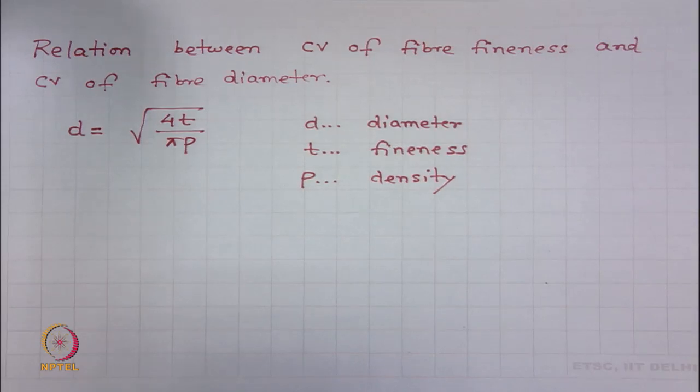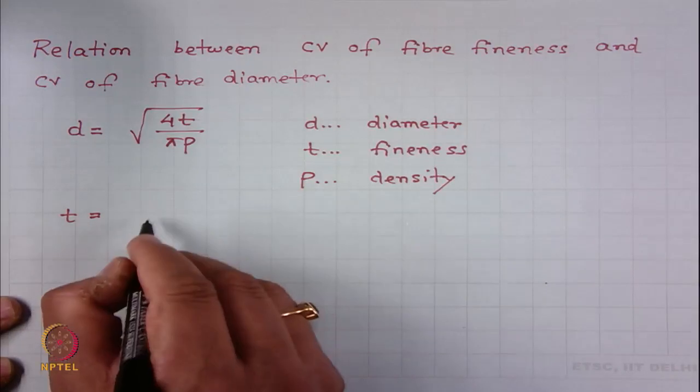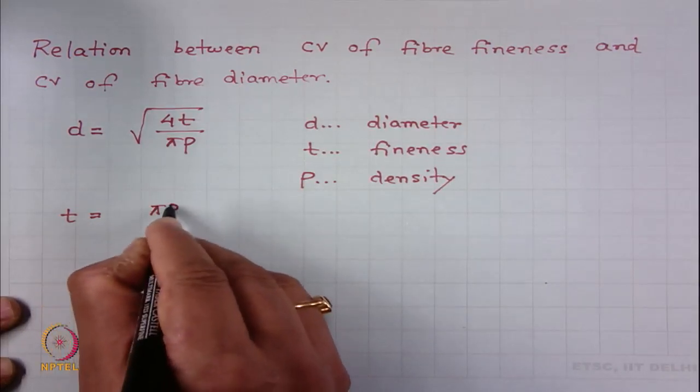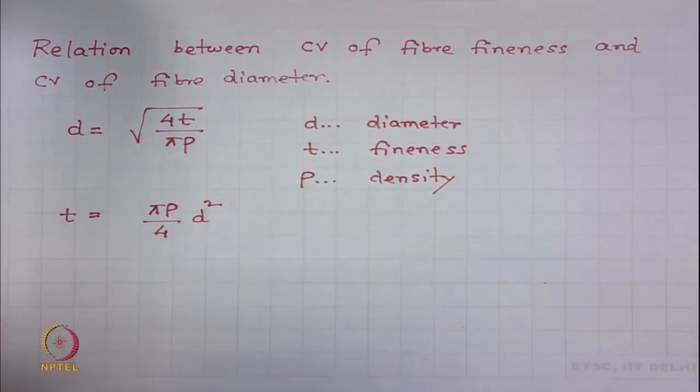Then we can write fiber fineness is equal to pi times rho by 4 into d square. For a given fiber, rho is constant and obviously pi by 4 is also constant.